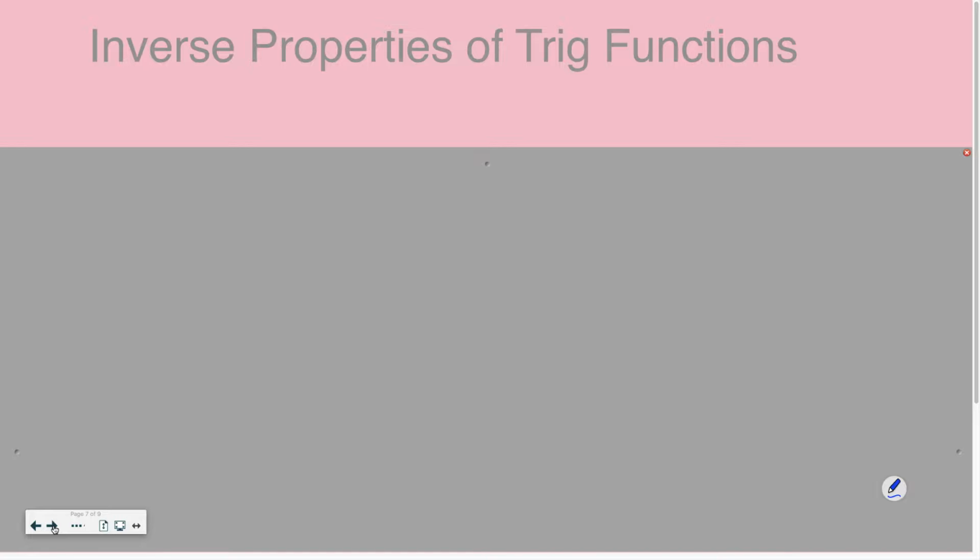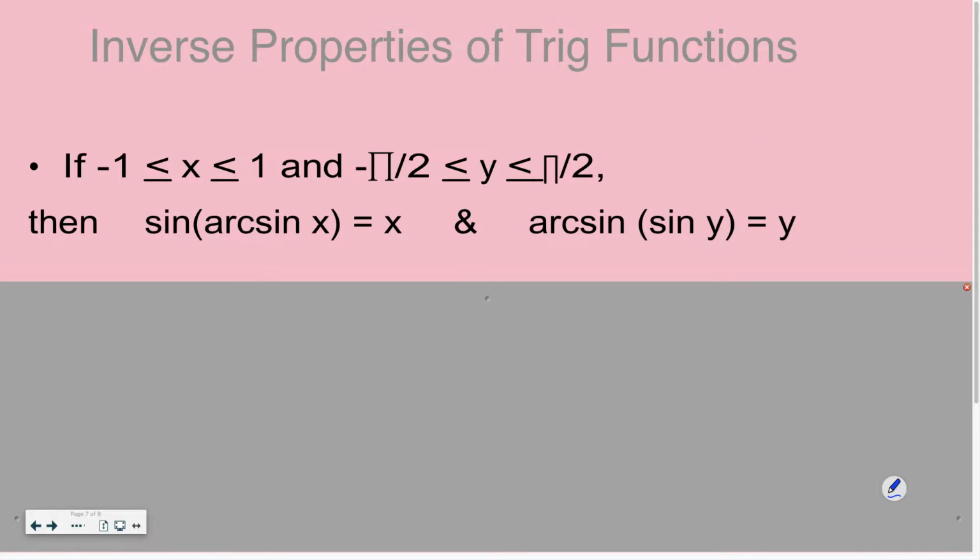But since our inverse trig functions have such specific domains and ranges, the stars have to align. So if inverse sine and sine are going to cancel out, then we have to make sure we have that correct domain and we have to make sure we have that correct range.